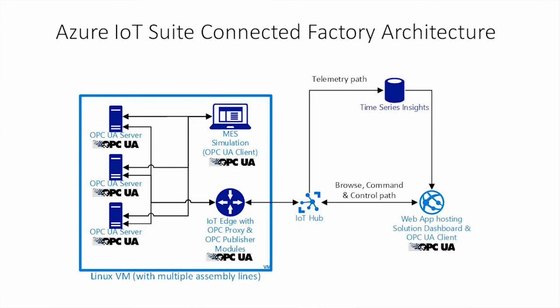Then later on the cloud side, we have IoT Hub, of course, and we have 2 paths, one for telemetry, one for browsing of the rich OPC UA data model, information model, and a command and control path as well. And this path goes into what we call a web app, a solution dashboard that has an OPC UA client built in. That OPC UA client can be used for the browsing and the command and control.